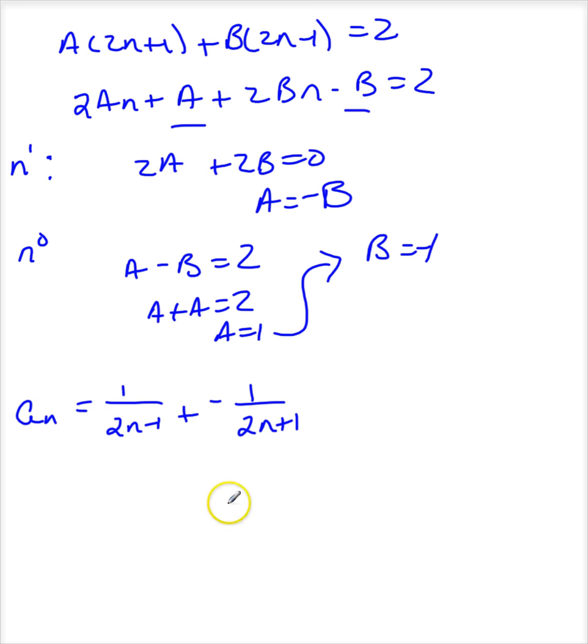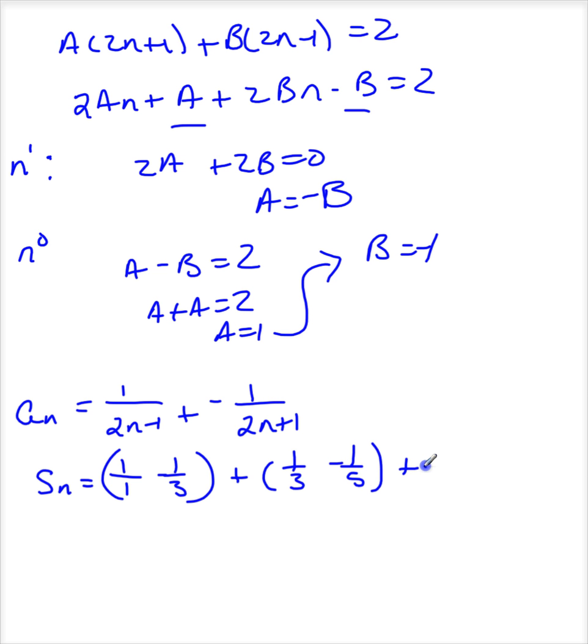So let me write this in a telescoping sort of form. Well, let me look at the nth partial sum. S sub n is going to be 1 over 1 minus 1 over 3 plus 1 over 3 minus 1 over 5 plus 1 over 2n minus 1 minus 1 over 2n plus 1.